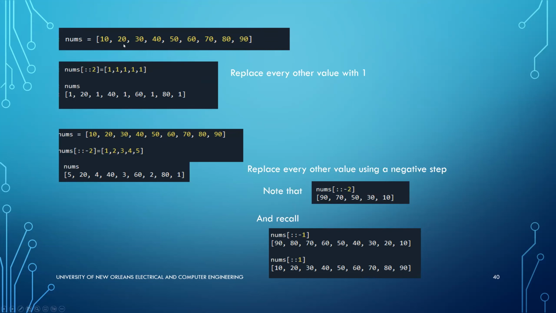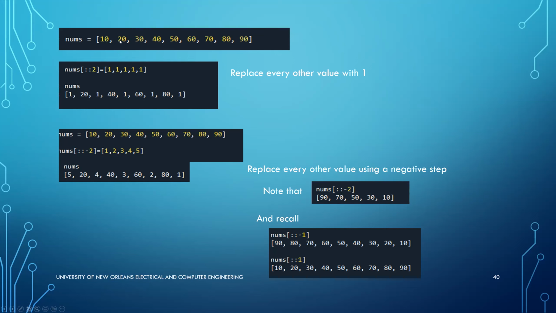Okay, another example, going back to our original nums list. In this case, I'm going to replace every other value with 1. So according to our notation, I'm going to start at index 0, and then I'm going to run until the end of the list. But every second element, I'm going to put a 1 in.